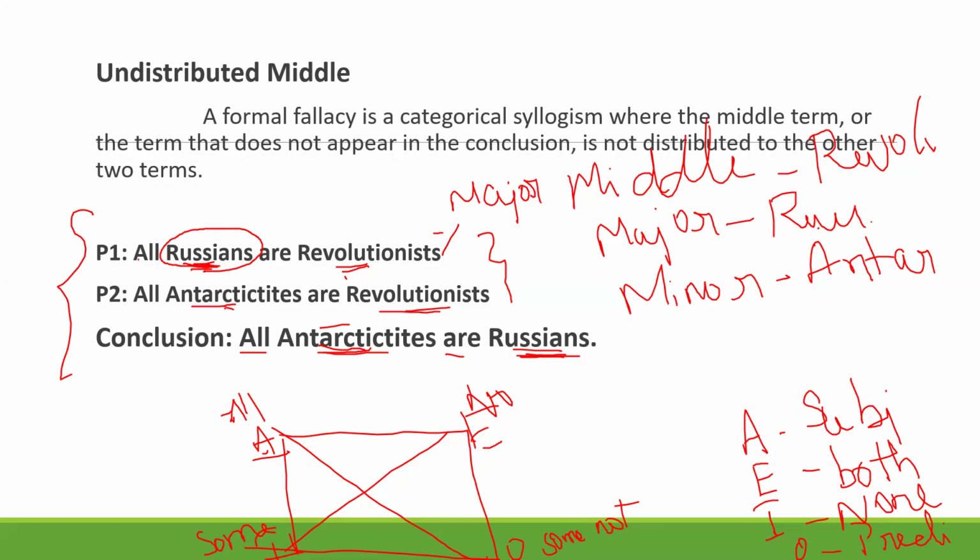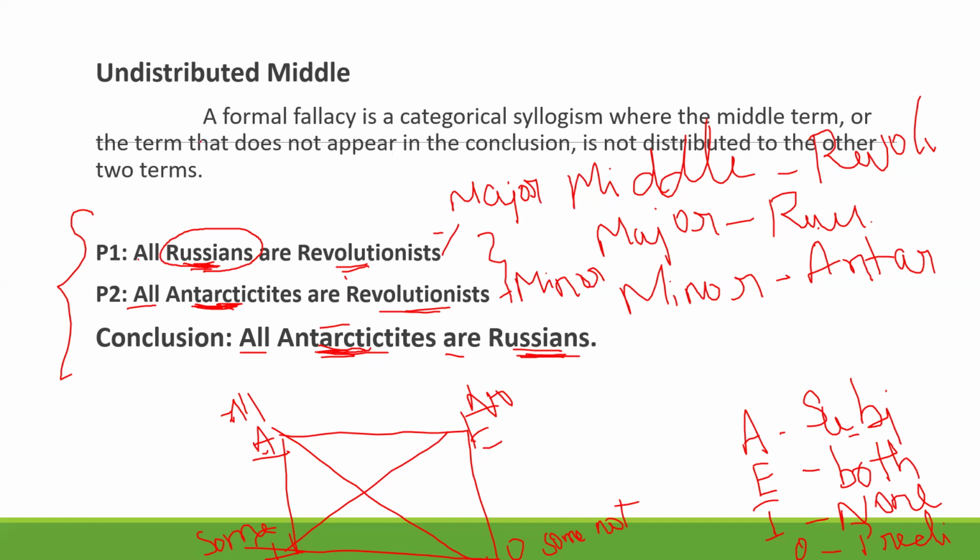Now here, all that is a revolutionist. Here also all, so here also the subject is distributed. The subject here, Antarctic, is called the minor term. So the minor term is distributed. In the first line the major term is distributed, in the second line the minor term is distributed.